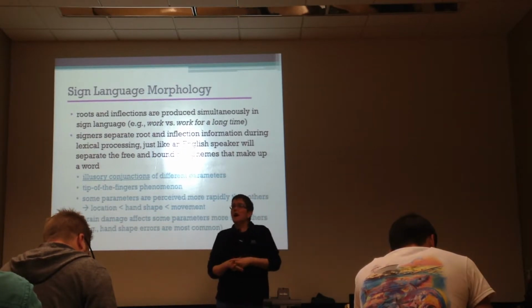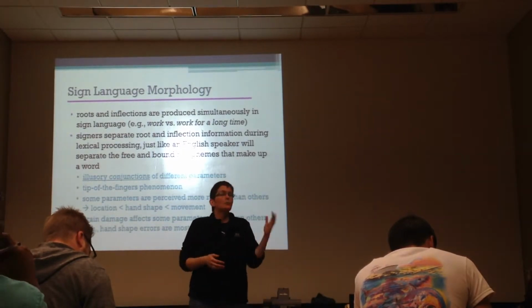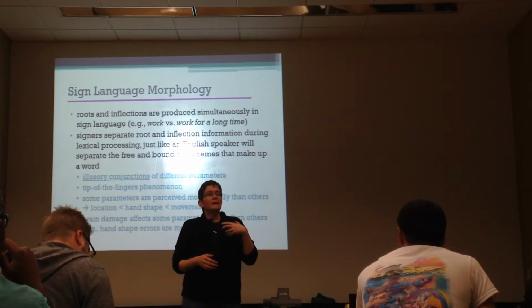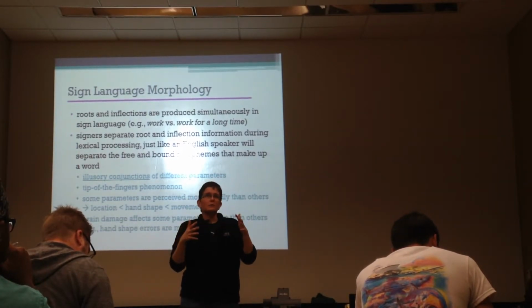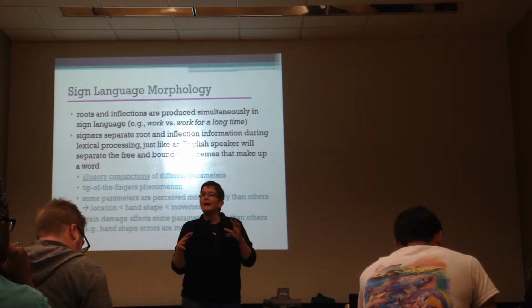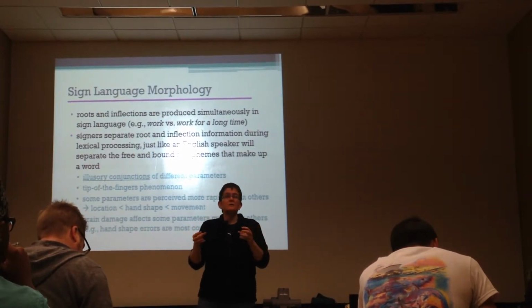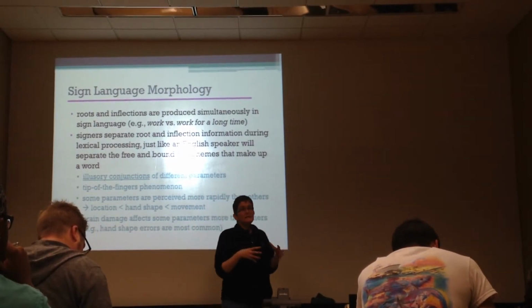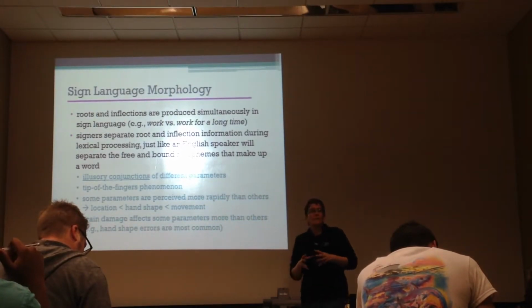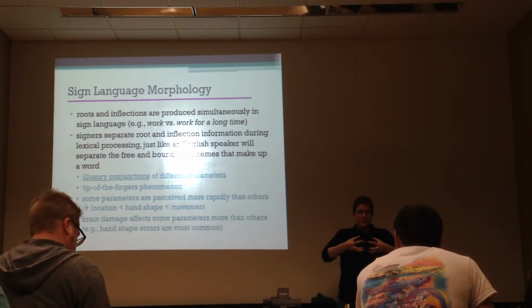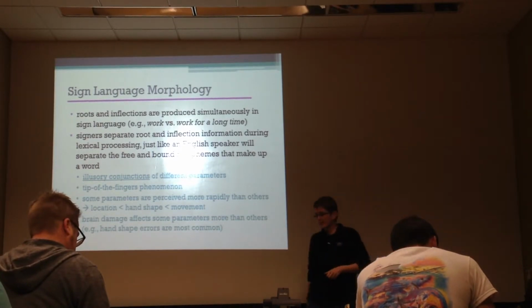Just like if I say, I'm going to go run to the store, I'm running to the store right now. I say running, and you, in your head, you know, okay, run, I know what run means, and then -ing means it's happening right now. You separate those things out, so does someone listening, or I should say, watching as somebody signs. They will separate out the words, separate out the parts of it the same way.